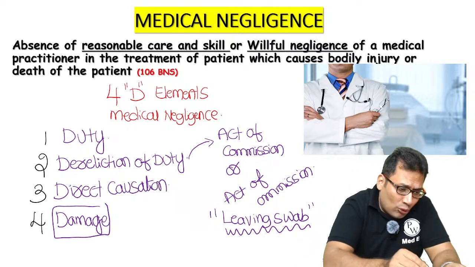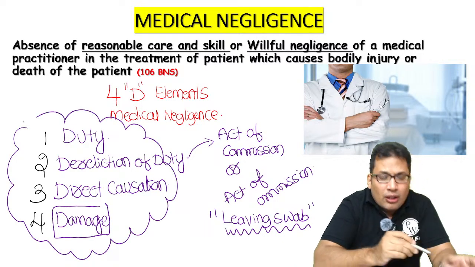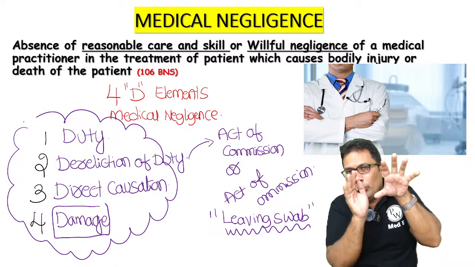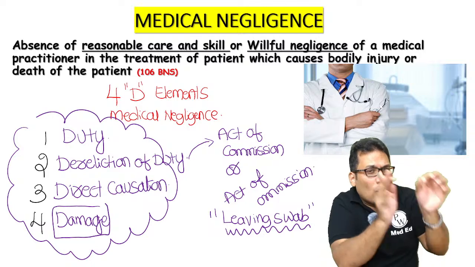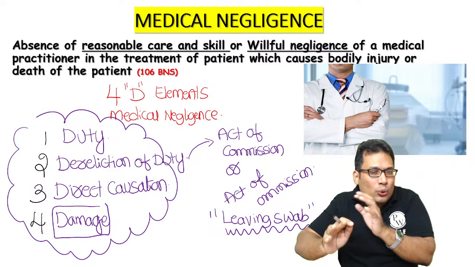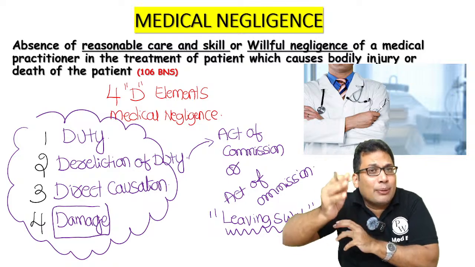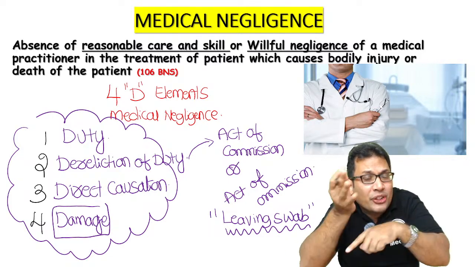So what are the 4 Ds? The 4 Ds of medical negligence: the first is duty. You should establish, or the court should establish, a duty of care between doctor and patient. Second, dereliction of duty, that means absence of reasonable care and skill, either an act of commission or an act of omission.